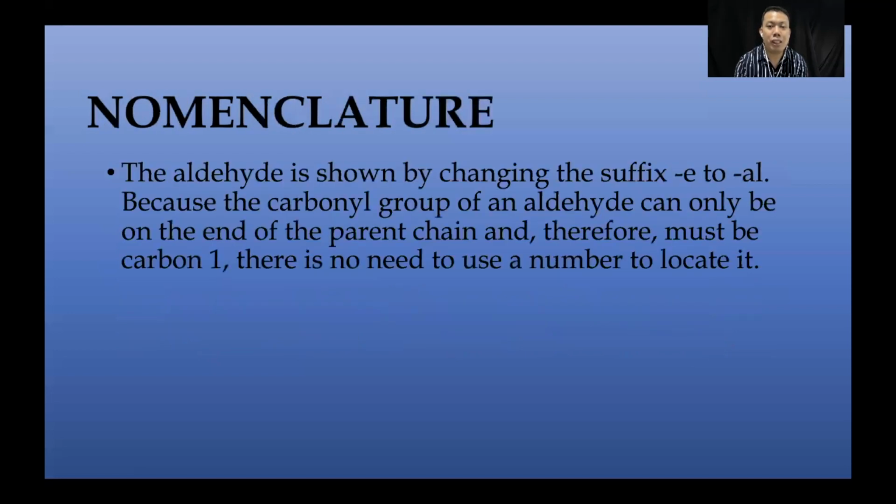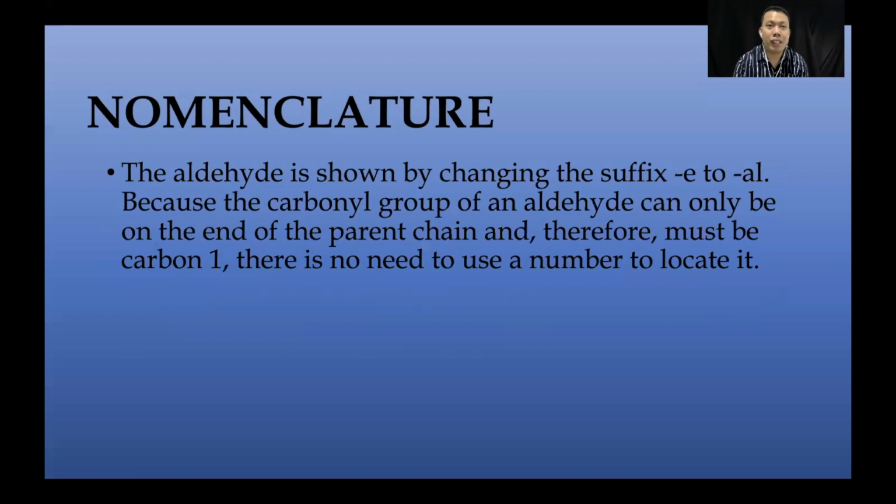So how do we name an aldehyde? The aldehyde is shown by changing the suffix "e" to "al", for example, ethane becomes ethanal. Because the carbonyl group of an aldehyde can only be at the end of the parent chain, it must be carbon 1, and there is no need to use a number to locate it.